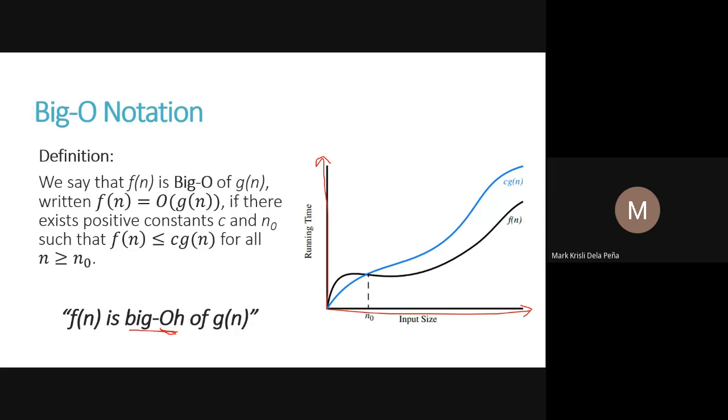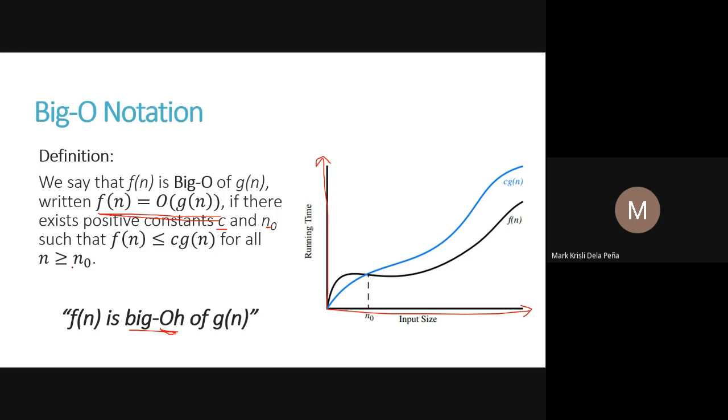Again, f of n is one function, g of n is another function, but we can say f of n is a big O of g of n if there is a real constant. We can also write this as f of n equals O of g of n if there exists a real constant, which we denote c, and an integer n sub 0 greater than 1, such that f of n is less than or equal to c times g of n for all n greater than n sub 0.